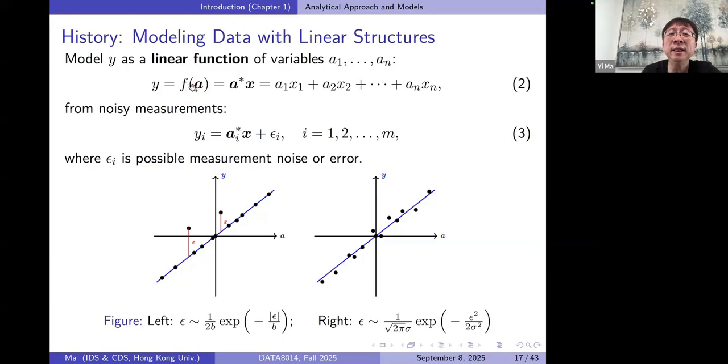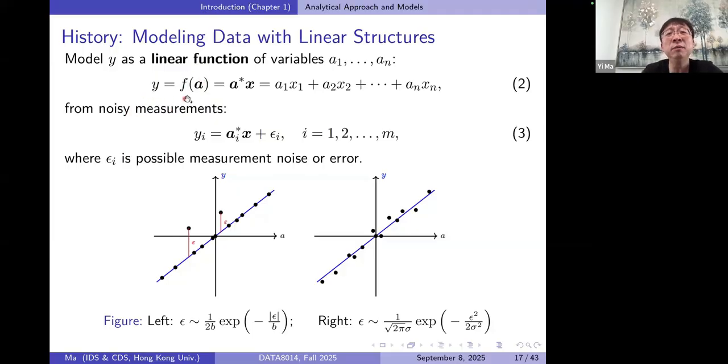But if I see a new A, how do I predict the value of Y? This is a very classical question: if I see a new A, what is the new value of Y?